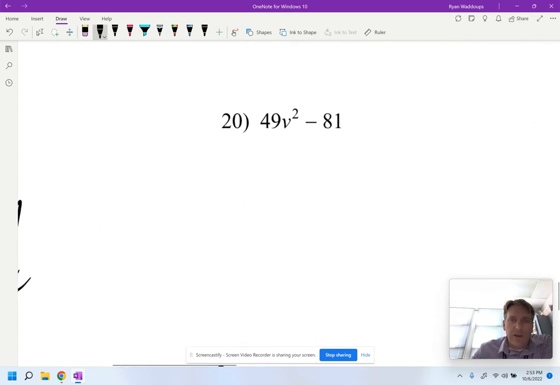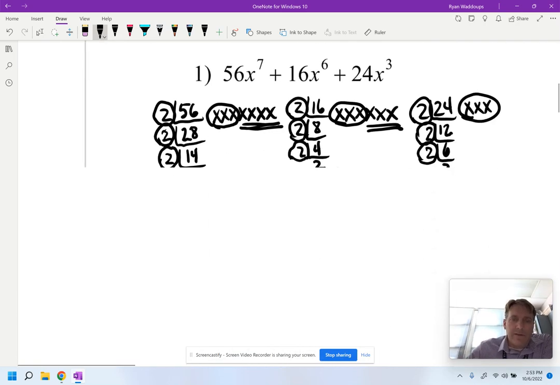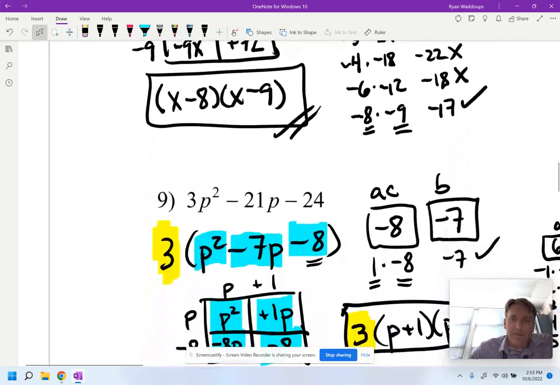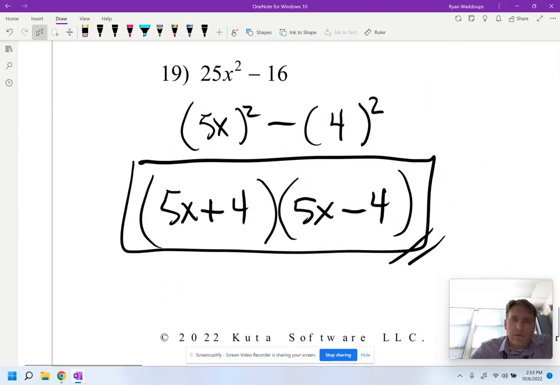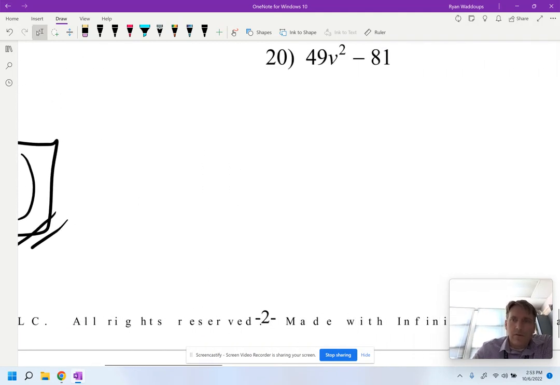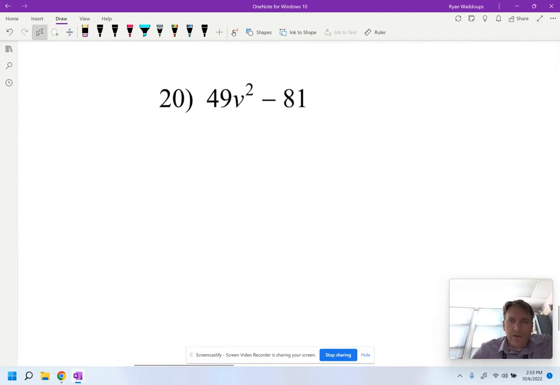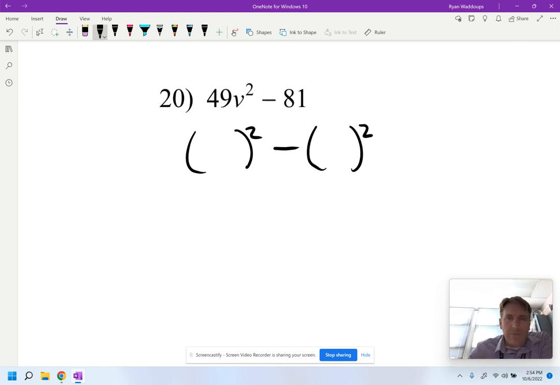And then finally, for number 20. Sorry, every now and then my computer does that to me. Okay, so number 20, I've got 49v squared minus 81. Something squared minus something else squared should be equal to what we have up there.